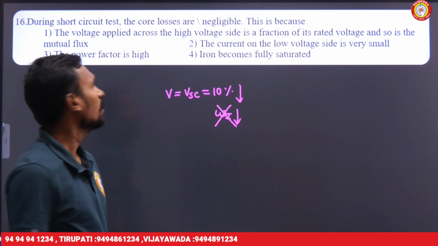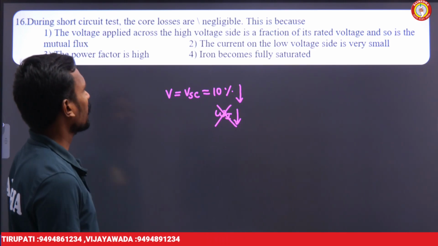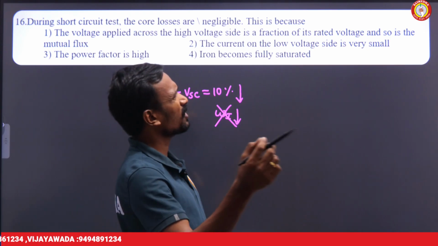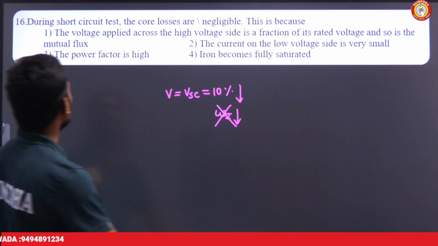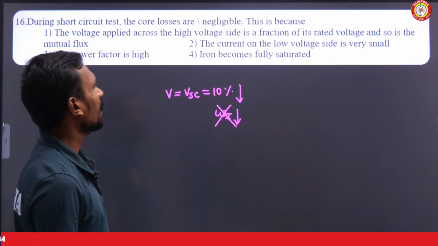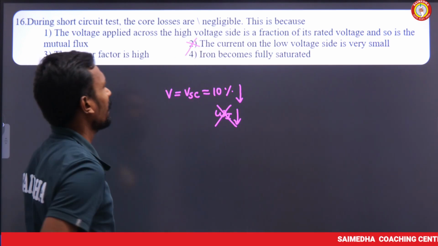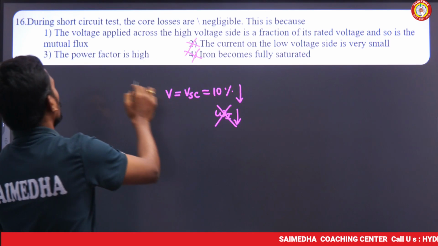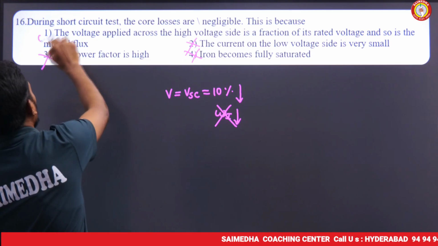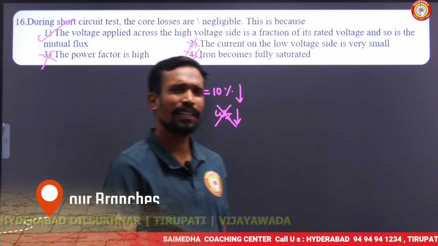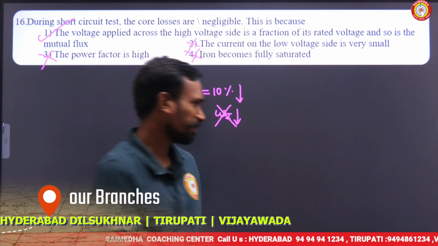You know this. Options: the voltage applied across the high voltage side is a fraction of rated value, and so is the mutual flux. The current on the low voltage side is very small, this is wrong. The iron losses fully saturated, wrong. The power factor high, wrong. So the answer is the fraction of voltage.